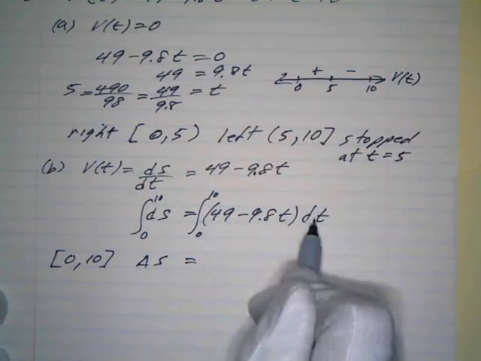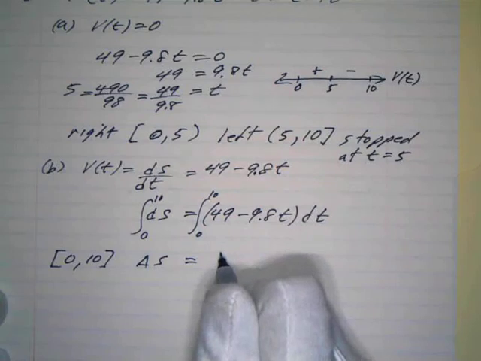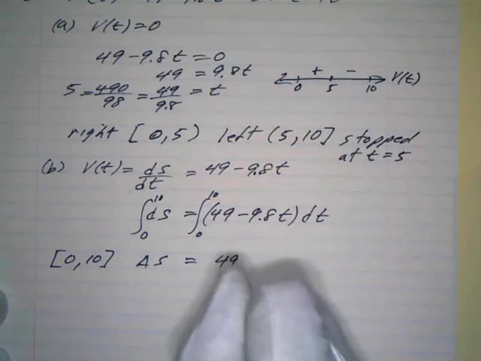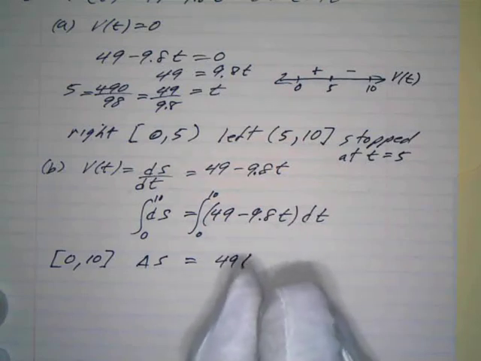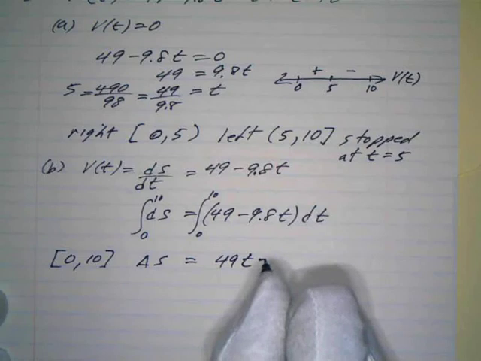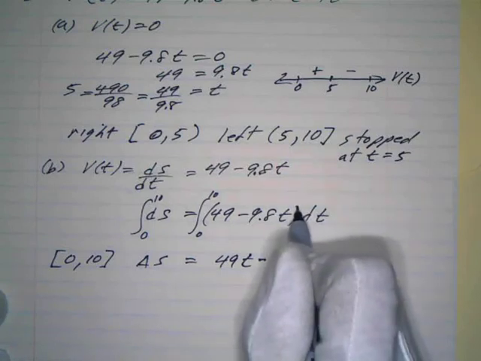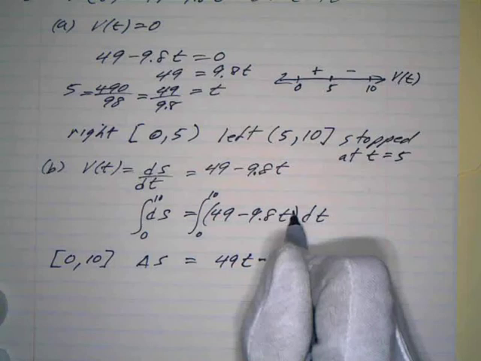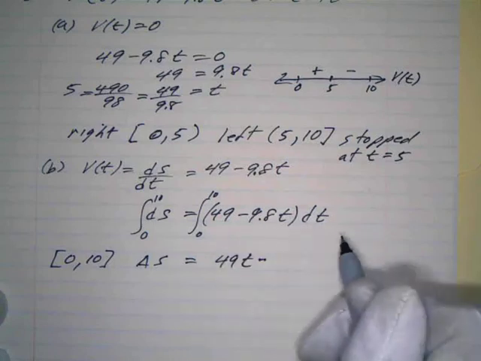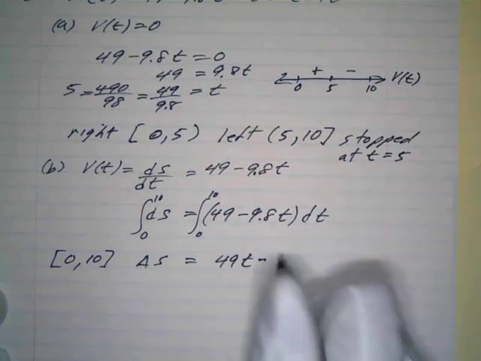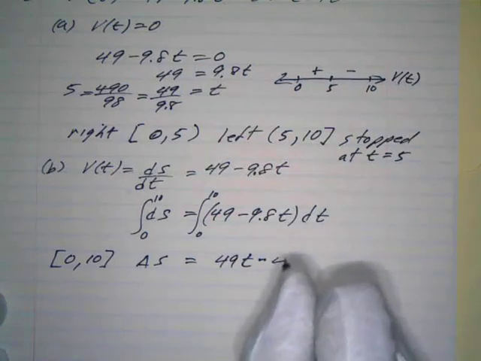And I can integrate this right now. That's not too hard. That's going to be 49t minus, and then I will add 1, so that's going to be t squared divided by 2, and if I divide 9.8 by 2, I get 4.9 again.